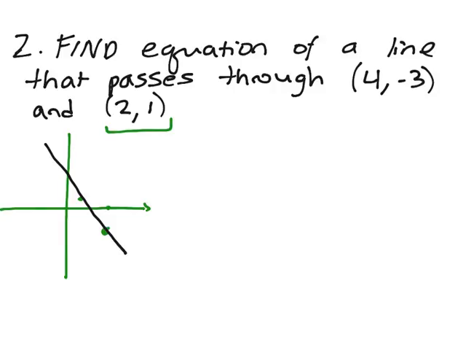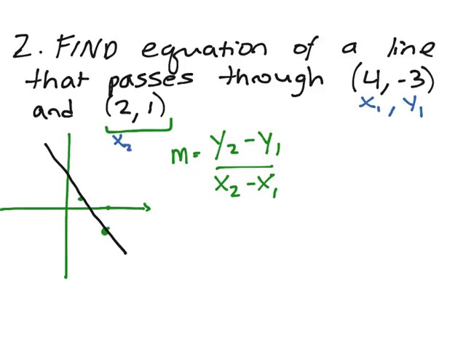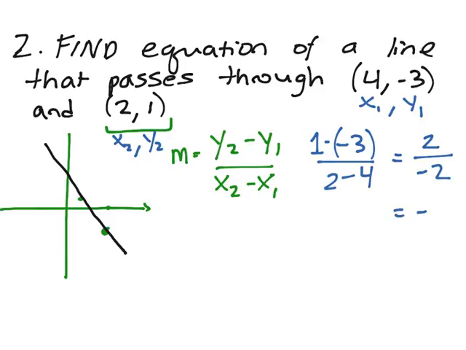And now let's find the slope. Our formula for a slope is y2 minus y1 over x2 minus x1, that's rise over run. So if we take this as x1 and y1, and this is x2 and y2, our slope will be 1 minus minus 3 and 2 minus 4, which is equal to 2 over negative 2 or negative 1.